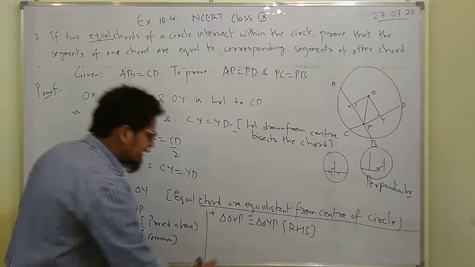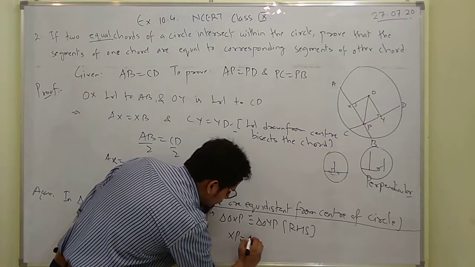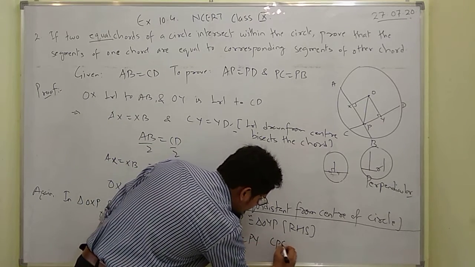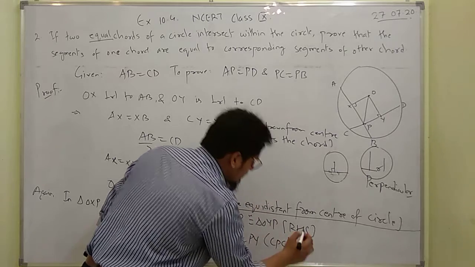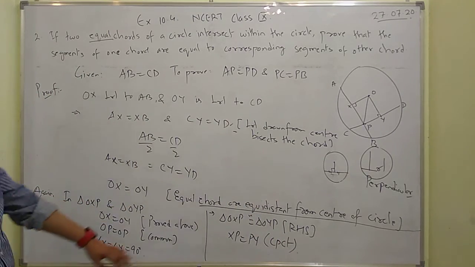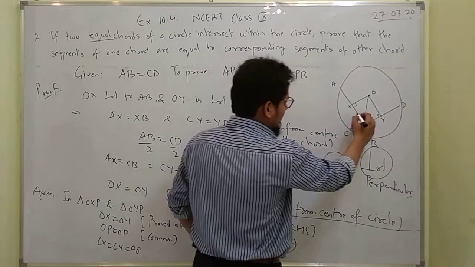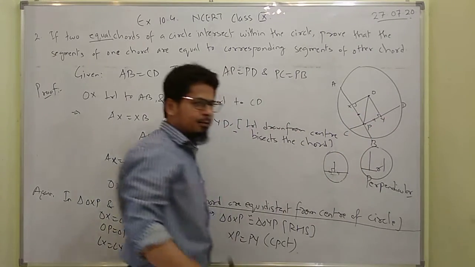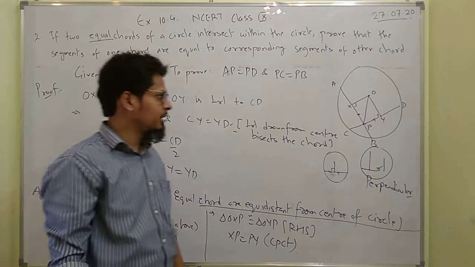Now we have XP is equal to PY, it is by CPCT. Clear? First you all note down this complete proof up to here. So now we have proved XP is equal to PY, right? Now I want to explain to you a little mentally in class.